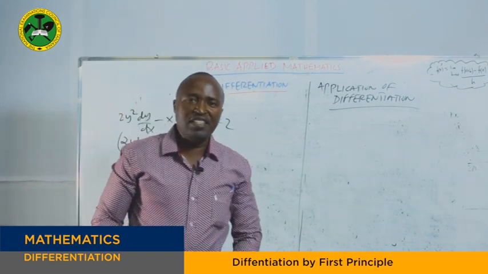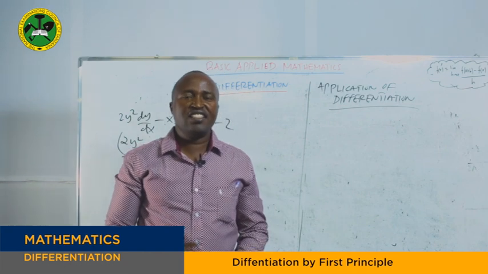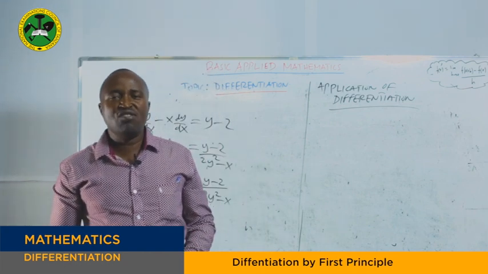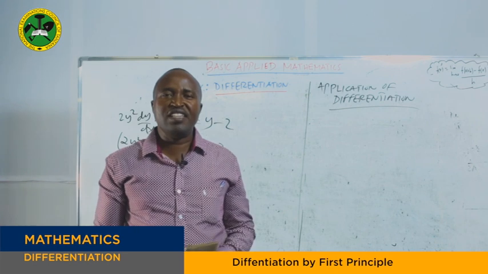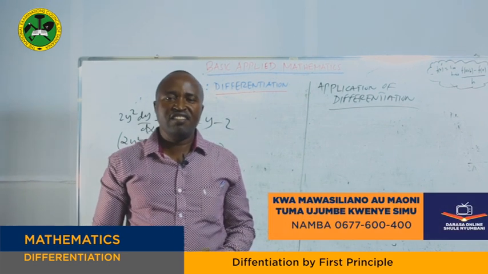Differentiation can be applied in many areas. One of them is to find the turning point, or to find the maximum and the minimum value and the point of inflection for the given function.